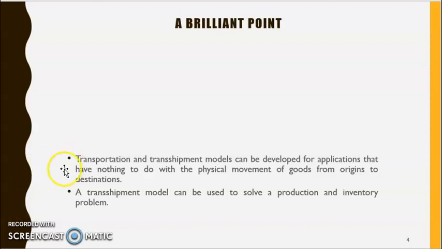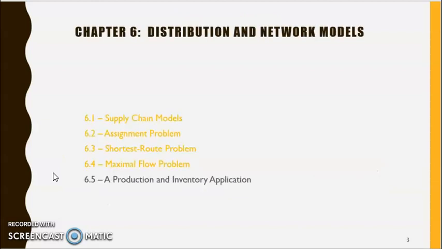As you can see in this slide, it is mentioned transportation and transshipment models can be developed for applications that have nothing to do with the physical movement of goods from origins to destinations, except the assignment problem.